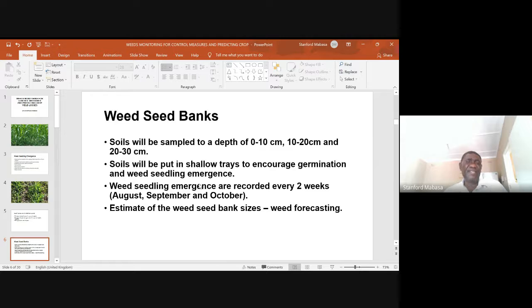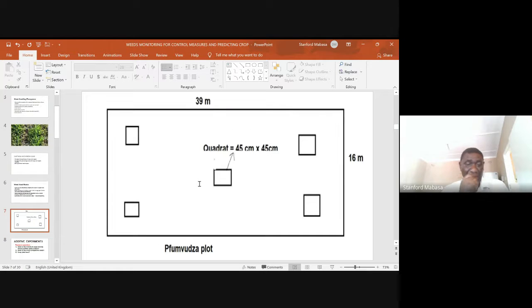We can estimate the weed seed bank sizes through weed forecasting. Here's the field where we can use a quadrat, which is 45 times 45, to sample for weeds.